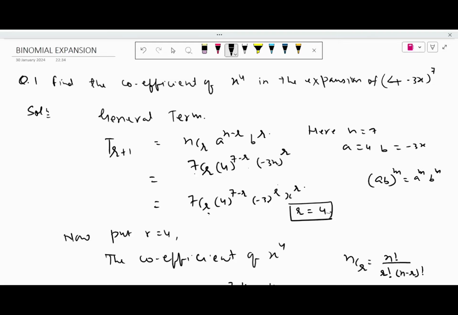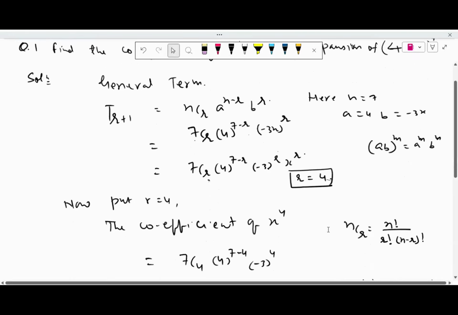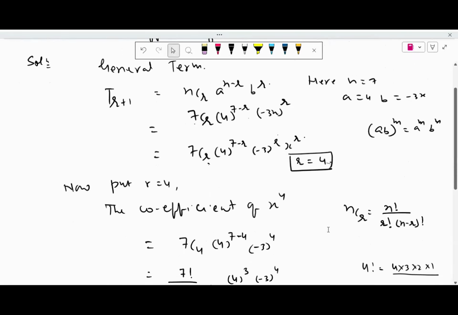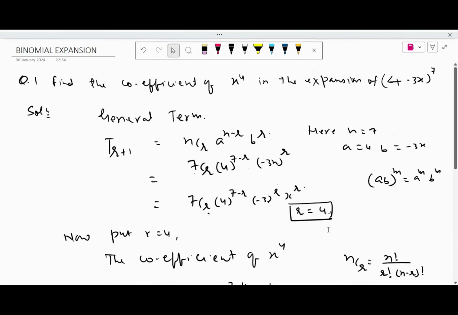Find the coefficient of the term x to the power 4 in the expansion of 4 minus 3x to the power 7. If we haven't done any calculation error, then the answer would be the same. Let me go through the question.